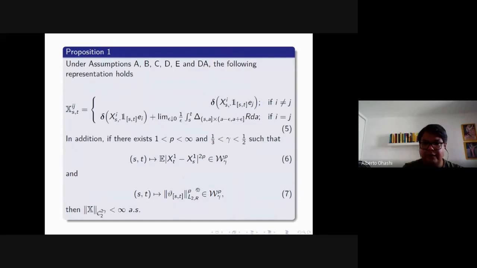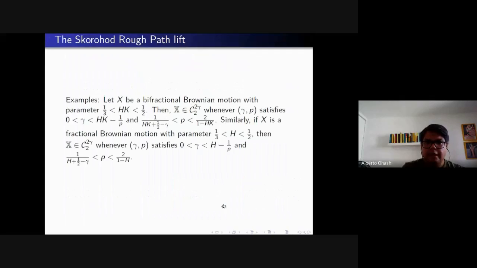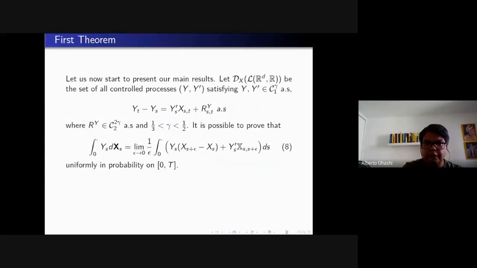Sorry, not finite, but it should belong to this space here. Okay. The first examples: we have many examples, but I just want to show you the classical cases where X is the bifractional Brownian motion. So if you want, in the simpler case, X can be a fractional Brownian motion with Hurst parameter between 1/3 and 1/2. Okay, I think I have 10 minutes.